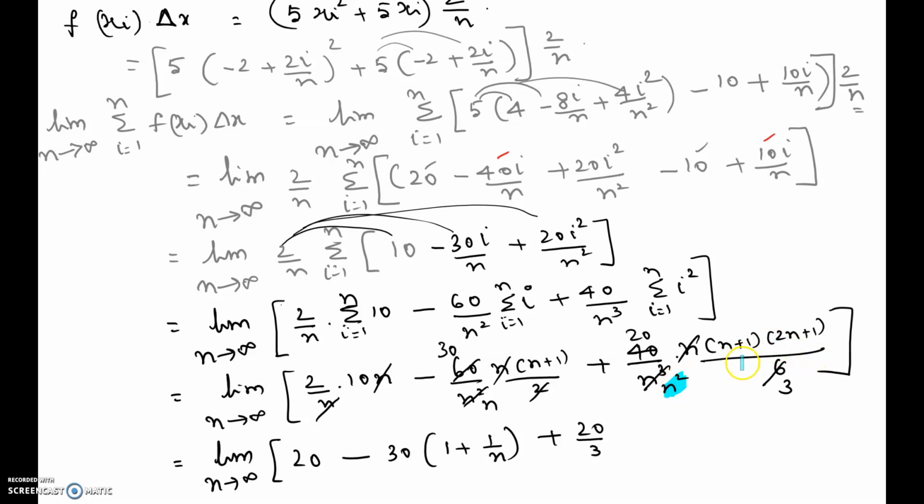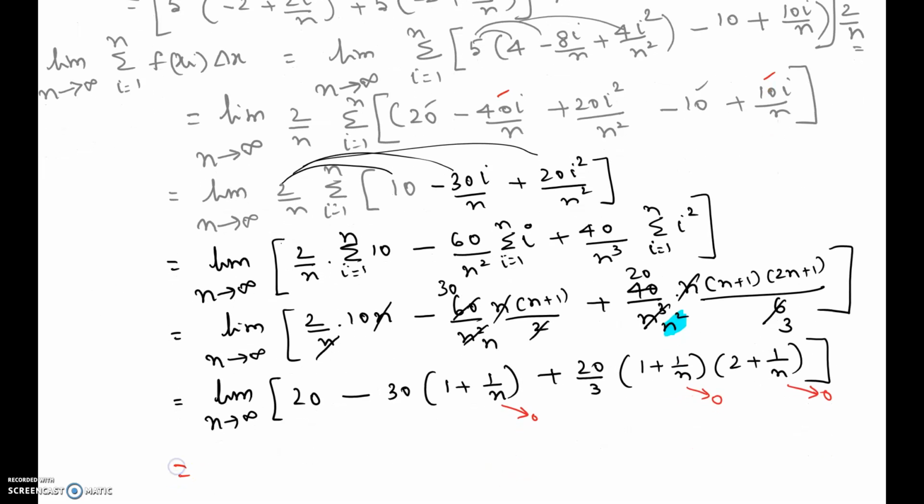We will take one n with the denominator of n plus 1, another n as a denominator of 2n plus 1. So when we simplify this, n over n, 1 over n, and then 2n over n, which is 2, then 1 over n. So we write like this. The reason for writing this is, we notice that 1 over n approaches 0 as n approaches infinity.